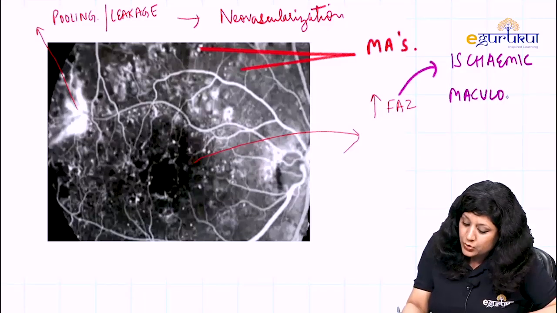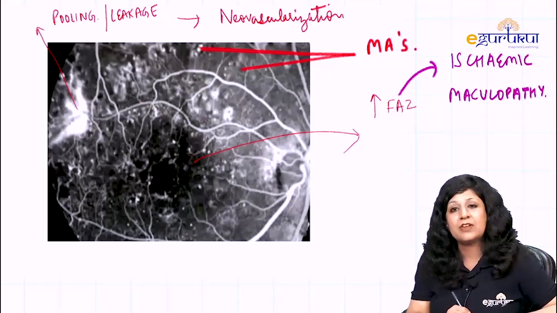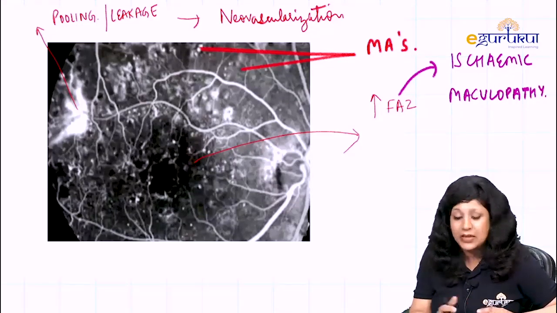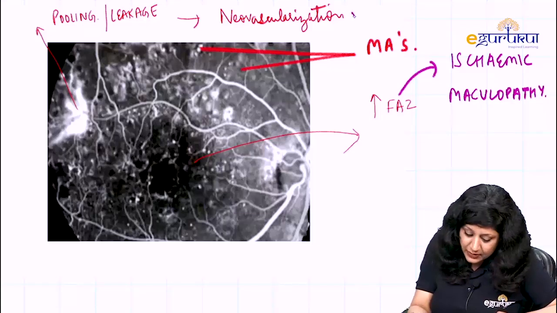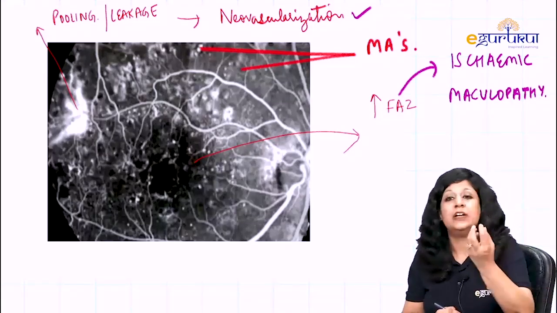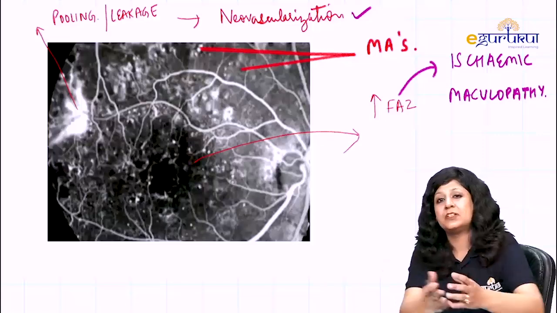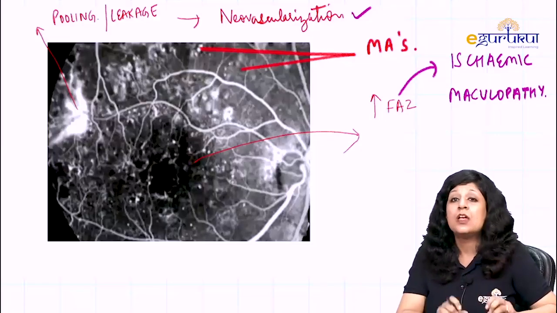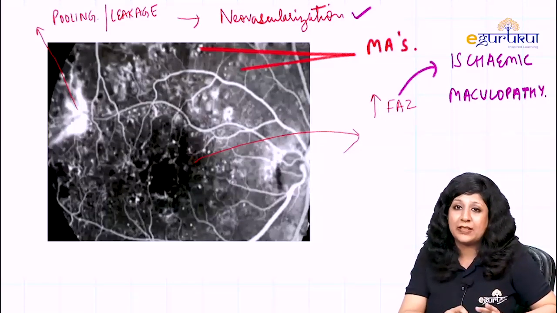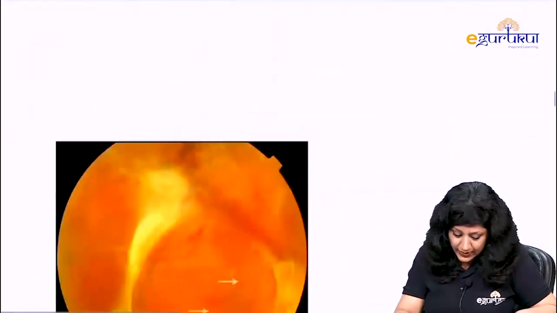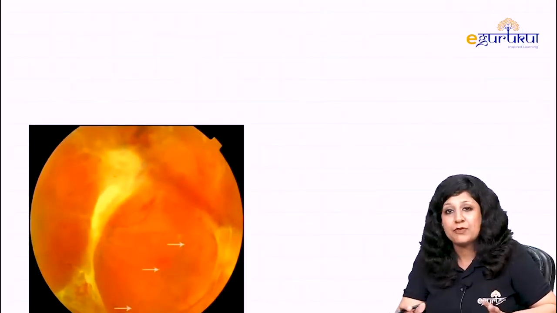Because we had a lot of ischemia in the macula, we had ischemic maculopathy. Due to this, we had neovascularization, and microaneurysms will be present in both, because they are the hallmark of diabetic retinopathy as a whole. So in this way, you can see the FFA findings.